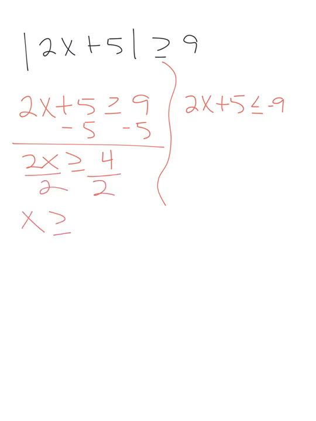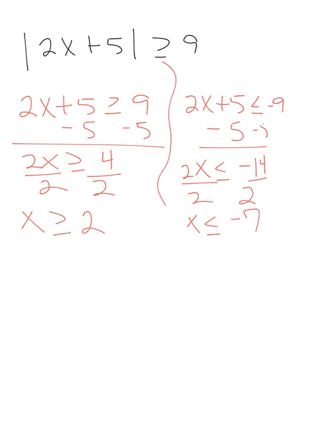We have x is greater than or equal to 2. Here we're going to subtract 5. Less than or equal to negative 14. Divide by 2. X is less than or equal to negative 7. We have our graph, greater than or equal to 2 over here, less than or equal to negative 7 over there.